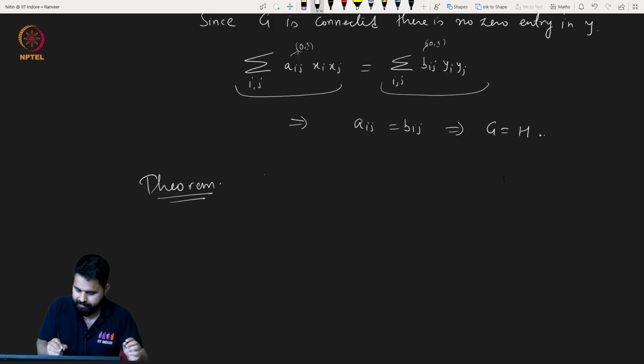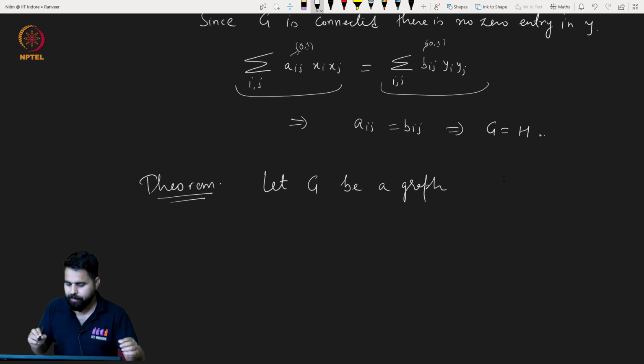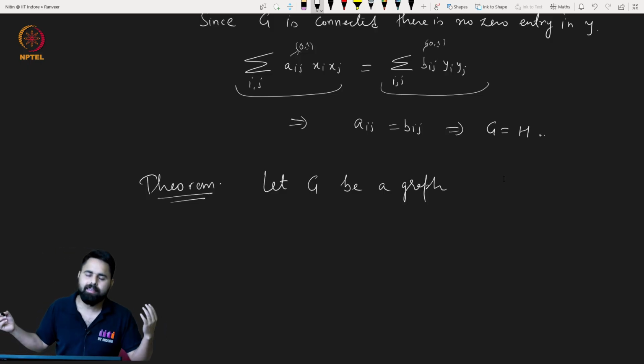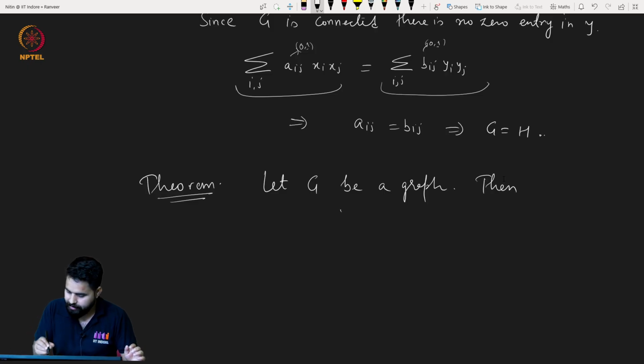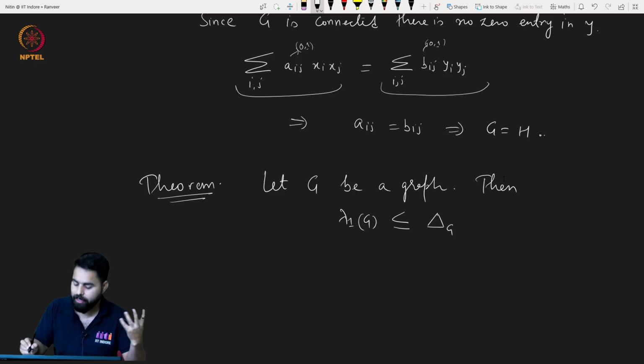Let G be a graph, with lambda 1(G) being the largest eigenvalue of the adjacency matrix of G. Then the largest eigenvalue of G is always less than or equal to the maximum degree, but it is greater than or equal to the average degree. So let me denote it by this.